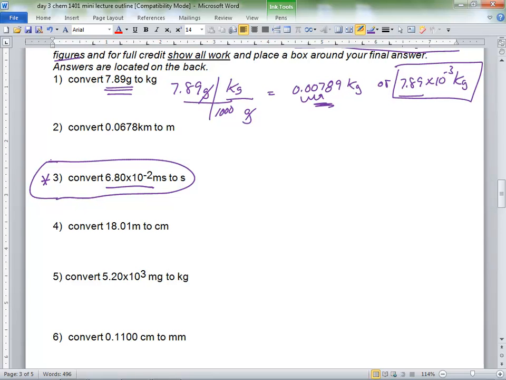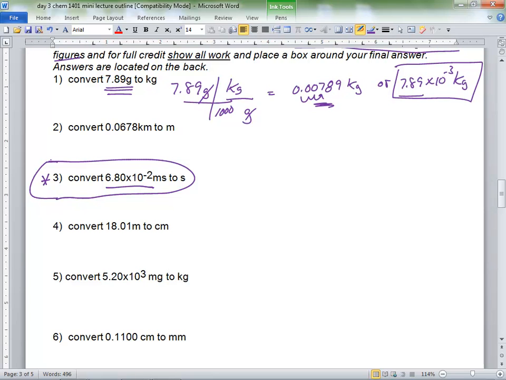Okay? And realize the first step is that milliseconds has to cancel. So it's going to have to go on the bottom, right? Yeah. Now you're done. Just take that, divide by that, and you're done.